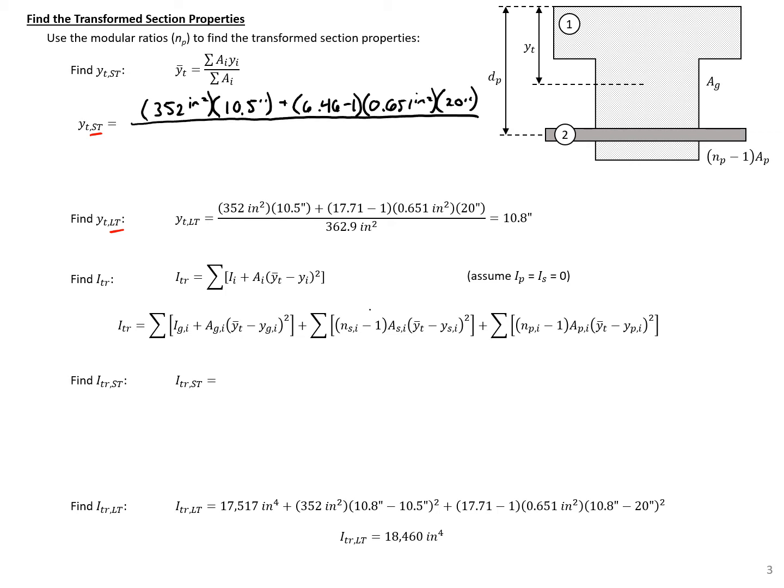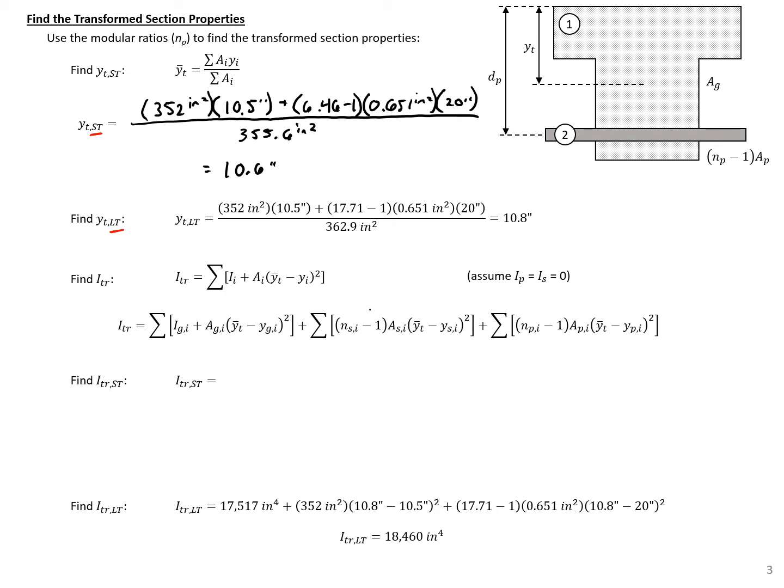We'll divide all this by our transformed area, 355.6 square inches, and this will give us a transformed centroid of 10.6 inches. So we can check this conceptually to make sure that we have our calculations correct.